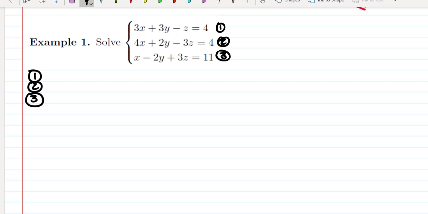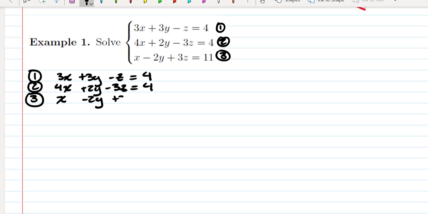So equation 1 is 3x plus 3y minus z is equal to 4. And we have 4x plus 2y minus 3z is equal to 4. And x minus 2y plus 3z is equal to 11.